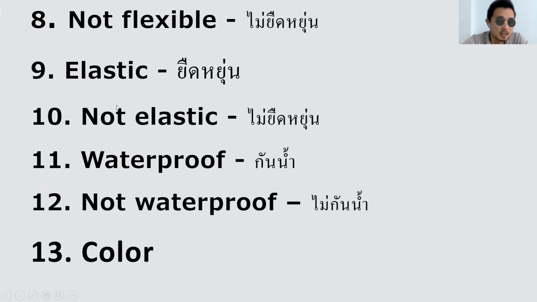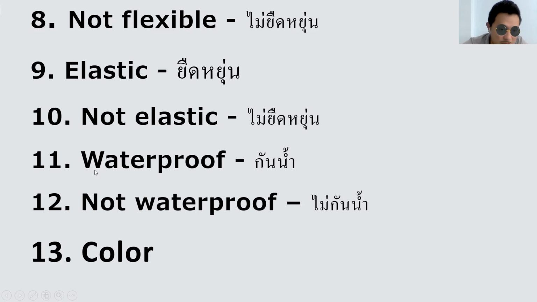You can see that one there. And number nine, we have elastic. And number 10, we have the opposite of elastic. What is the opposite of elastic? Of course, not elastic. That's the opposite one.